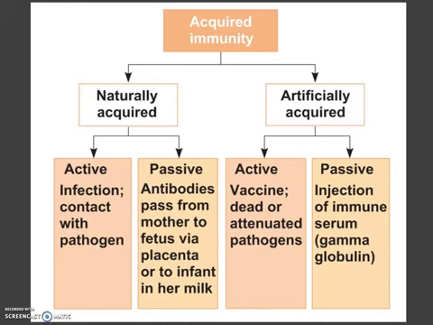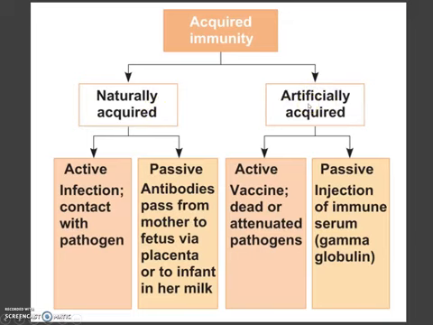The dead or weakened virus is designed to not cause the symptoms associated with a primary infection, but you get the benefit of that memory or secondary response to that same pathogen. So a vaccine is very similar to naturally acquired active immunity, except it's artificially acquired, but it's still your body making memory cells against a pathogen. It's just that you're being exposed to that pathogen artificially rather than naturally.